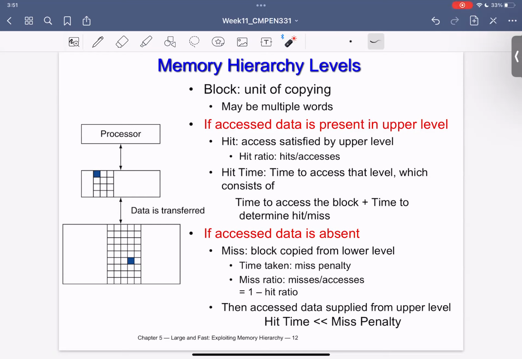Also, the hit time is just the time to access that particular level, which is the time to access the block plus the time to determine if it hits or misses. Of course, we expect that the hit time will be very low, because it's quick.